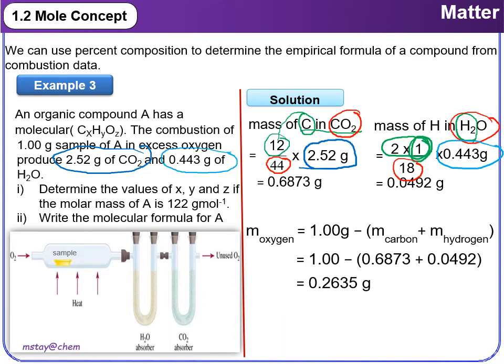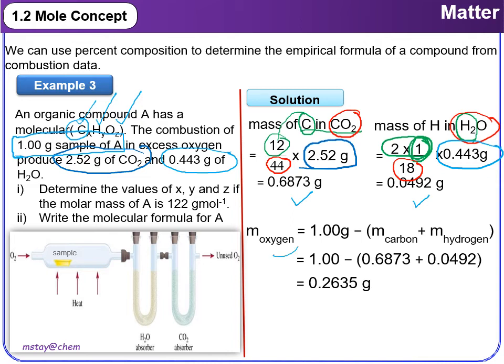Okay, so from here we already get the mass of carbon, and then we have the mass of hydrogen. So go back to the question. If you still remember, the question mentioned we burn 1 gram of A. So in this 1 gram of A, it supposedly contains carbon, hydrogen and also oxygen. So we already have the mass of carbon and also hydrogen.